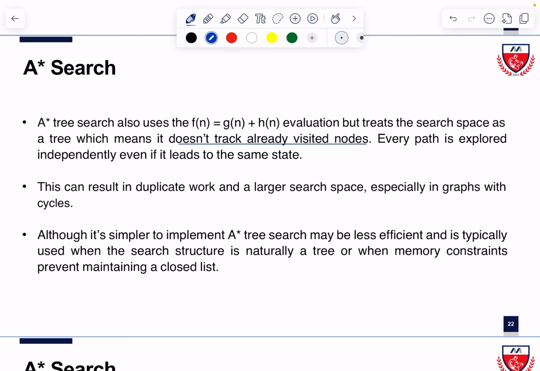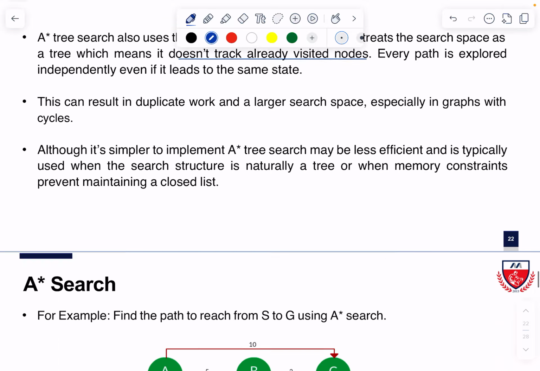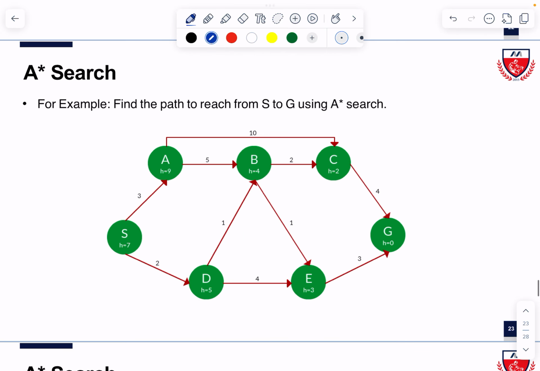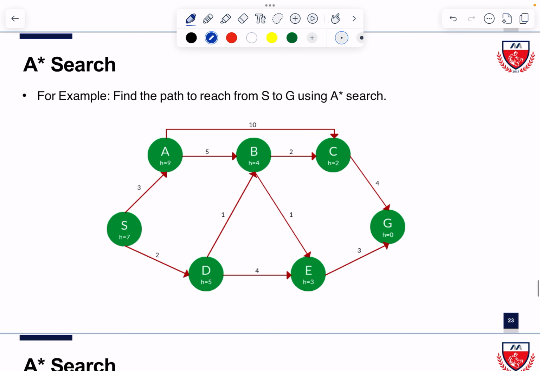This can result in duplicate work and of course a larger search space, especially in graphs with cycles. Although it's simpler to implement, it may be less efficient. It is typically used when the search structure is naturally a tree or when memory constraints prevent maintaining a closed list. So for example, you would want to find the path from S to G using A-star search.